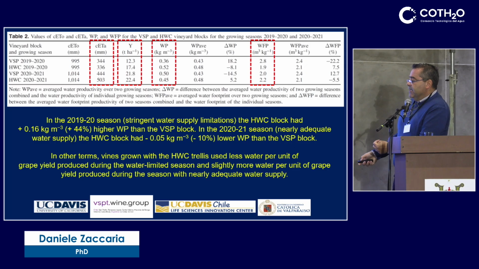So basically the vines grown with a high wire cordon use less water per unit of grape yield produced during the drought, and a little bit more water per unit of grape when you have enough water. But the problem is basically non-existent, because you don't have restriction, you don't have yield impact.